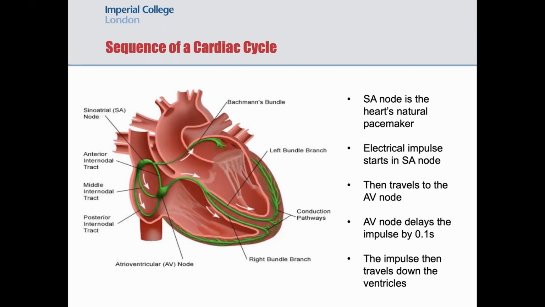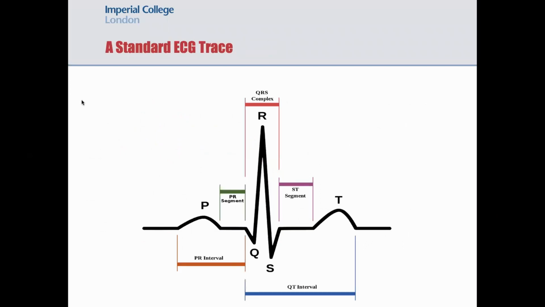And we can relate this cycle to a normal ECG trace. As shown here, you've got your P wave, PR interval, QRS complex, ST segment, and T waves. This is a basic unit of cardiac contraction. Your P wave is related to your atrial depolarization, and this is also when your atria contract.